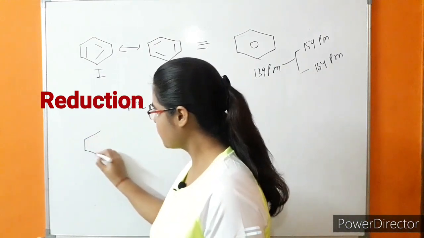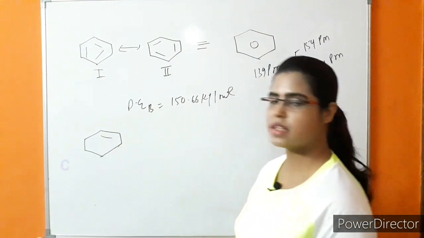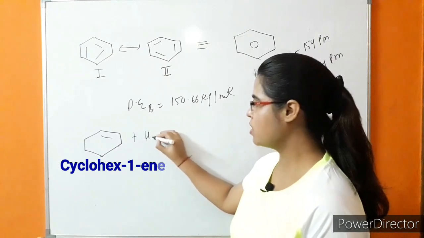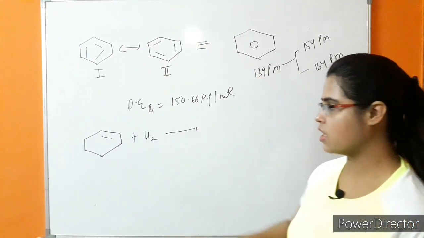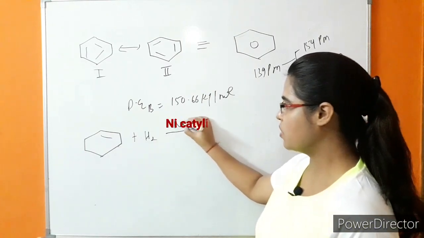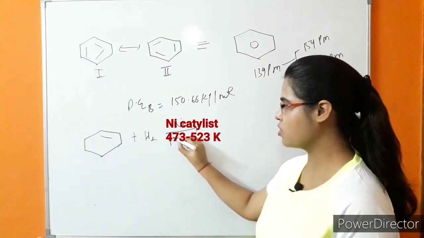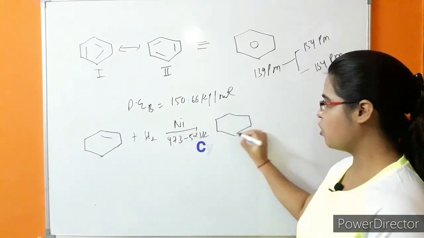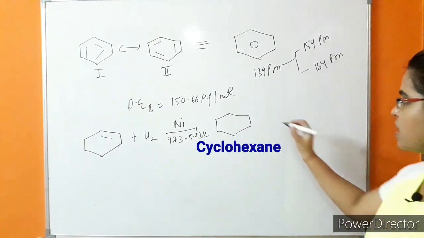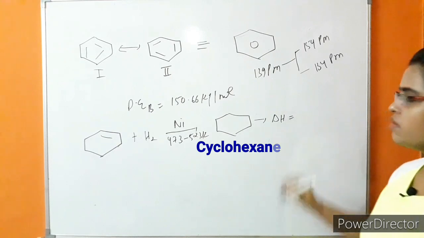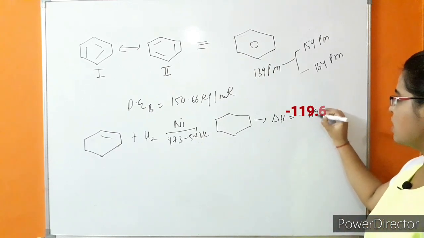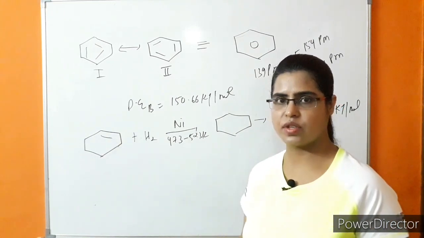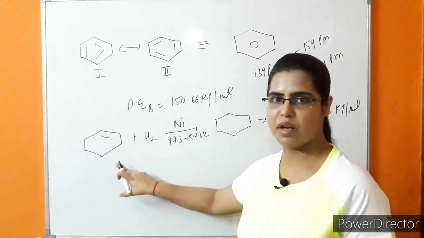If one double bond is present in this cyclic system, then during hydrogenation, that is reduction of this alkene in the presence of catalyst nickel, at a reaction temperature of 473 to 523 Kelvin, cyclohexane is formed, and the energy released in this reaction is about 119.66 kilojoule per mole.